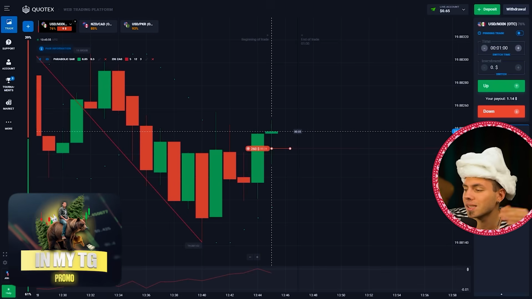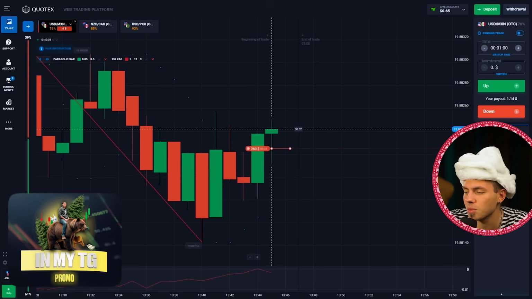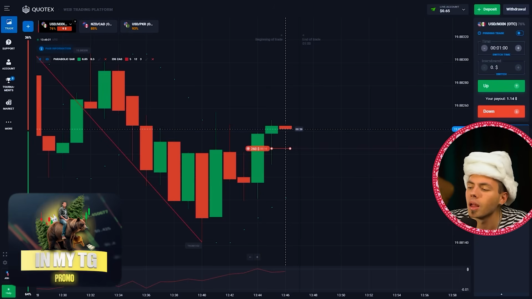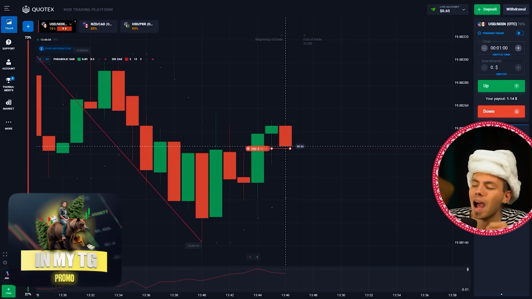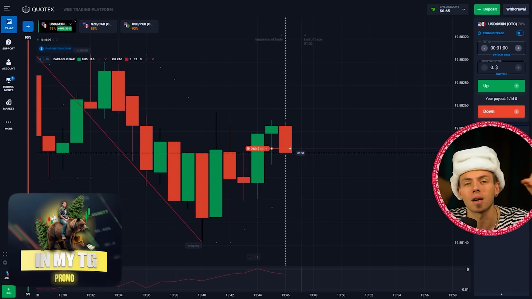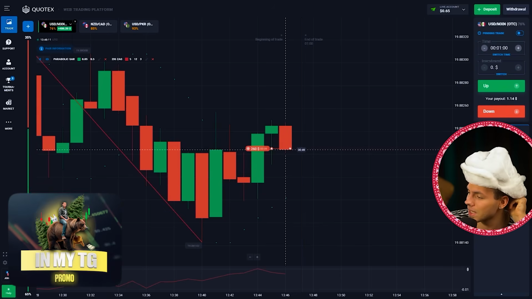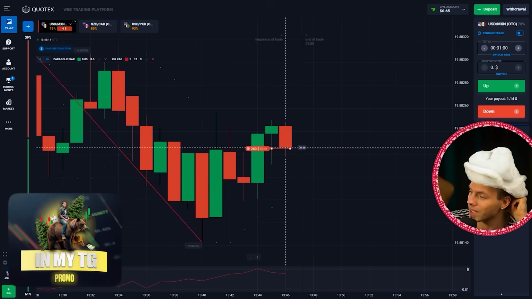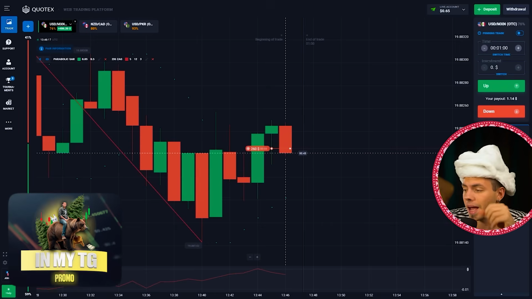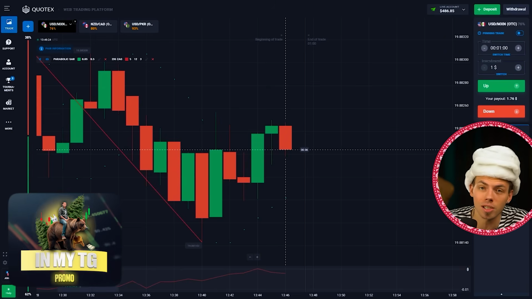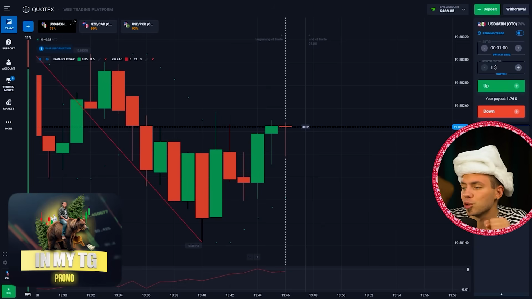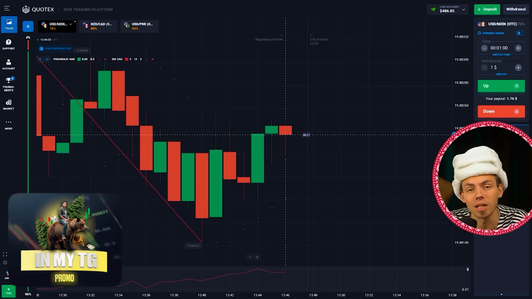Between these two levels we have very strong resistance, which means the price can oscillate in between these levels, but will definitely not break out of the upper level of this range. This means we will see the option going down, the short option, and all we need is to be a little bit patient, guys. And yes, we got a trade closed for $186. Pretty good. I would like to remind you that we started with $70 and right now we almost have 500, which is really huge, guys.